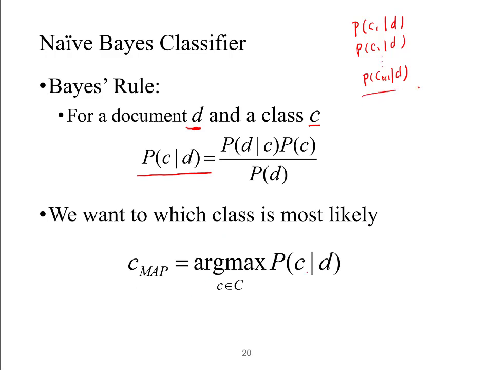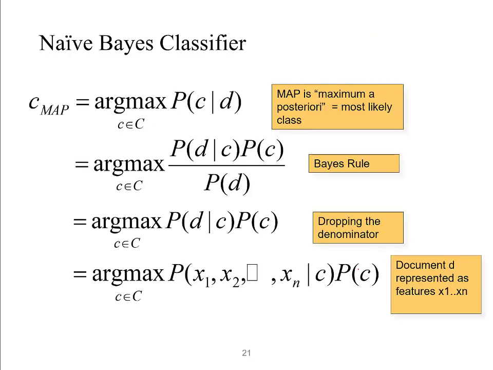So basically, we want the argmax over C of the probability of C given D. Right. This MAP stands for maximum a posteriori. It is just the most likely class. So this is what we want.